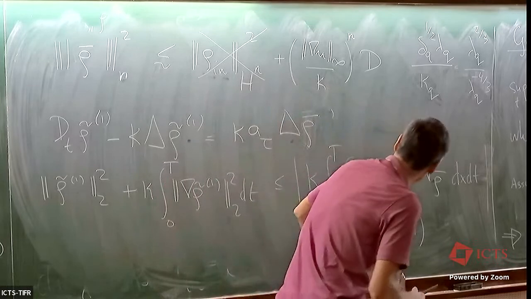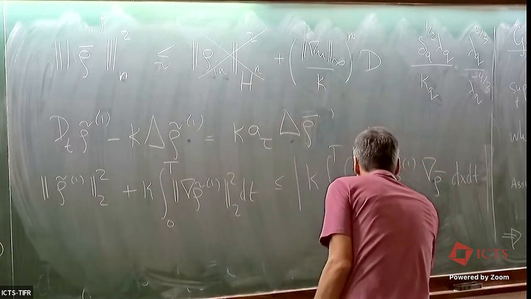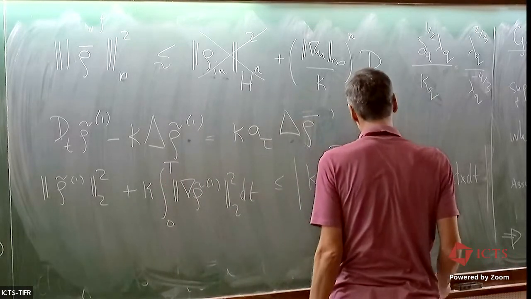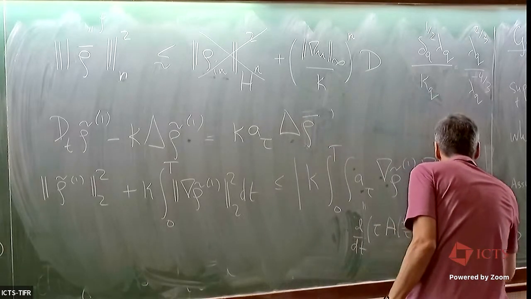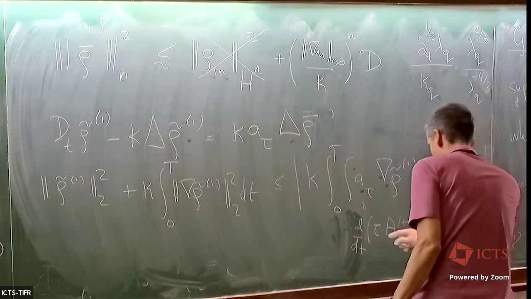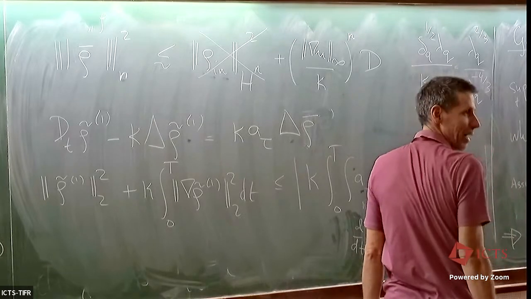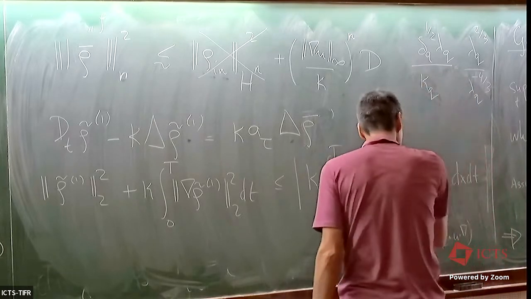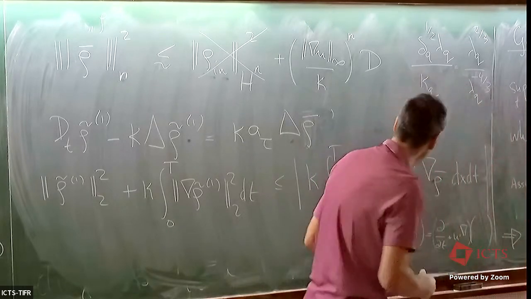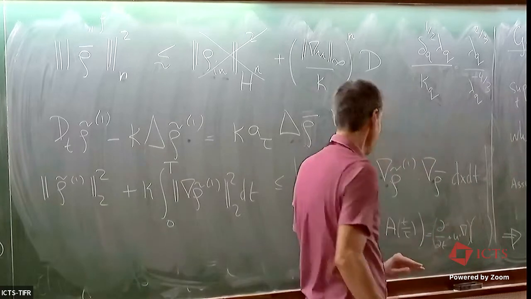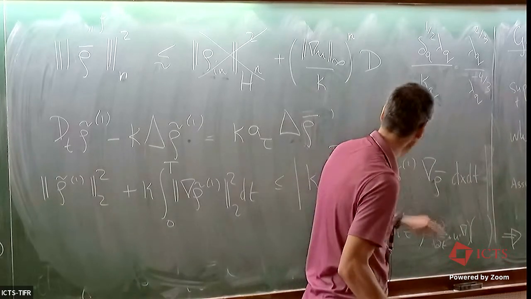Yeah, this was maybe too fast. So it is d dt, but this is the same as d dt plus u dot grad of this term, by the stupid observation that this doesn't depend on x. And then I integrate by parts in x and t.